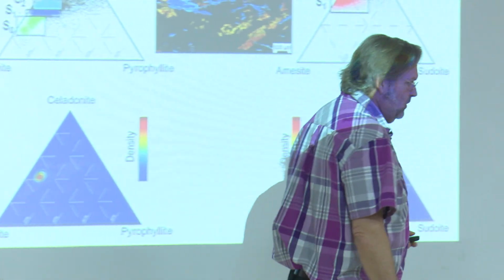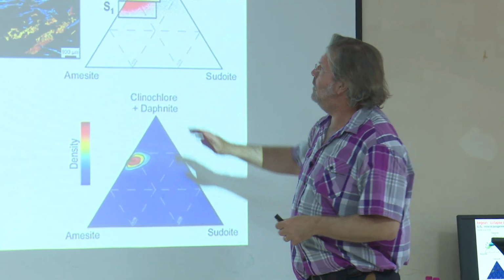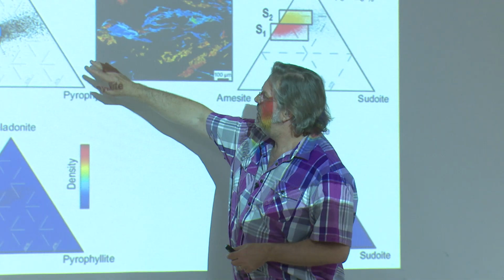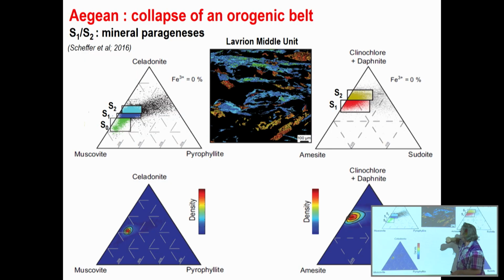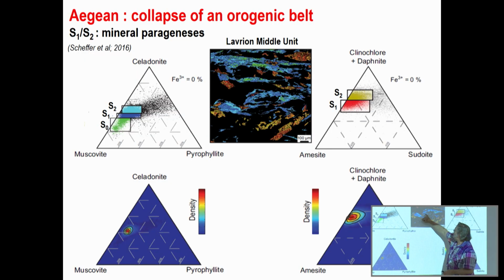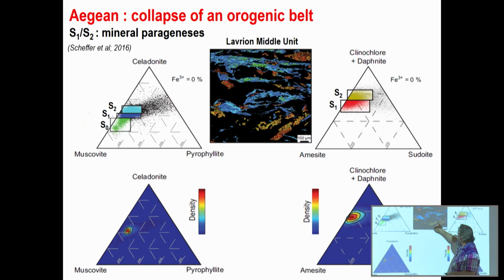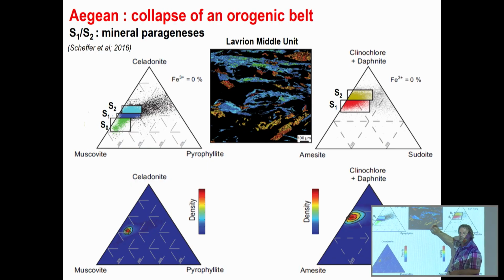And this is the result. So here it only shows the white micas, and these are the chlorite. I have one grain here, and see, boom, boom, boom. Every spot is an analytical spot.